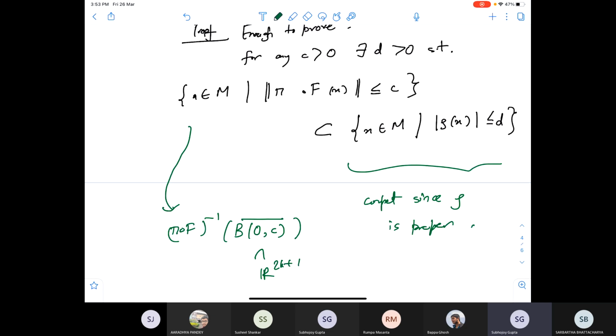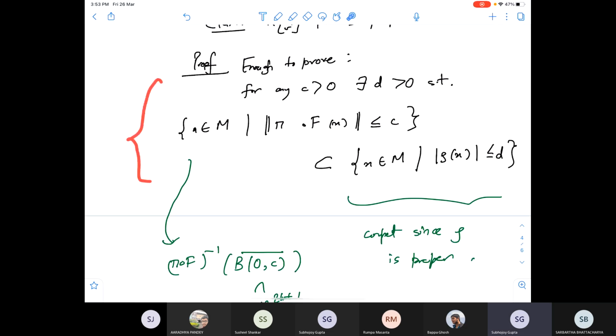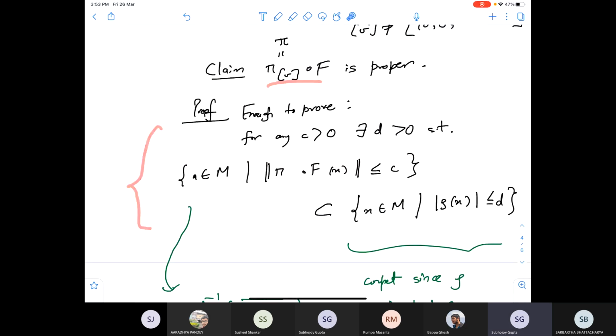If I can prove that the pre-images of compact sets in R to the 2k plus 1 are compact, then we are done. For that, it's enough to prove that such a pre-image is contained in this set, which we already know is compact. So it's enough to prove this, and then we'll get proper, and then we'll be done.